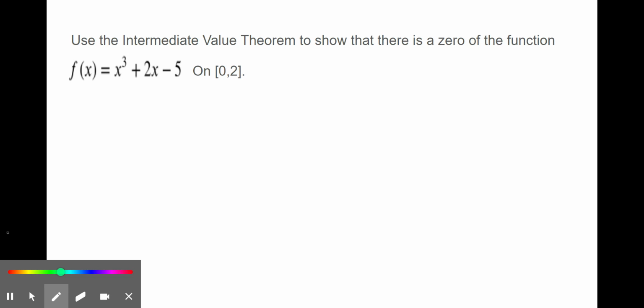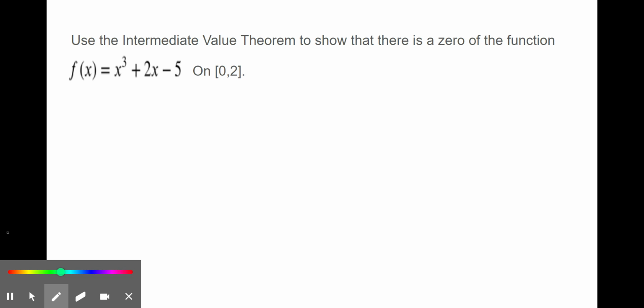But their definition of use the theorem is not just, can you plug in numbers and see what you get? Their definition is, do you understand what must be true before you can even use the theorem? Okay? Do you understand the qualifications of the theorem to be able to use it? And we're going to see that here as we go.